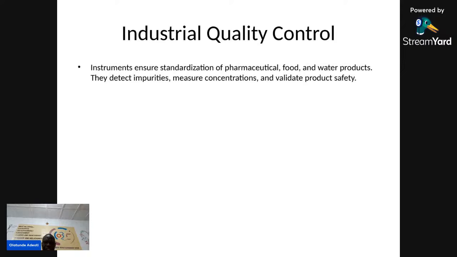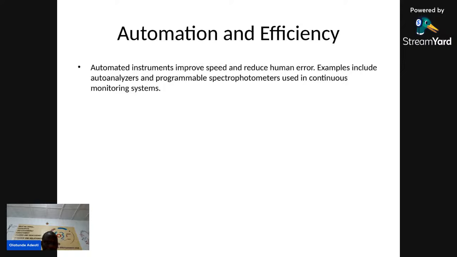Okay. So automation and efficiency. What do we mean by automation and efficiency? We have been able to see that automated instruments improve speed and reduce human error. We have said that under normal circumstances, the more you know how to manipulate your measurement or your equipment, or how to utilize your equipment, the more it will give you an edge.